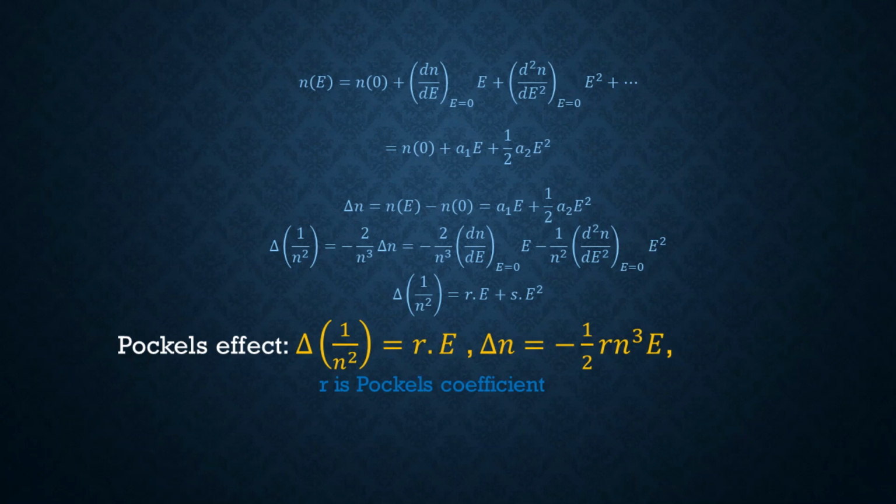So this is the centrosymmetric crystal, and centrosymmetric crystals will exhibit the Kerr effect, whereas non-centrosymmetric crystals will exhibit the Pockels effect. So this is the electro-optic effect, and we will demonstrate the Pockels effect in our lab.